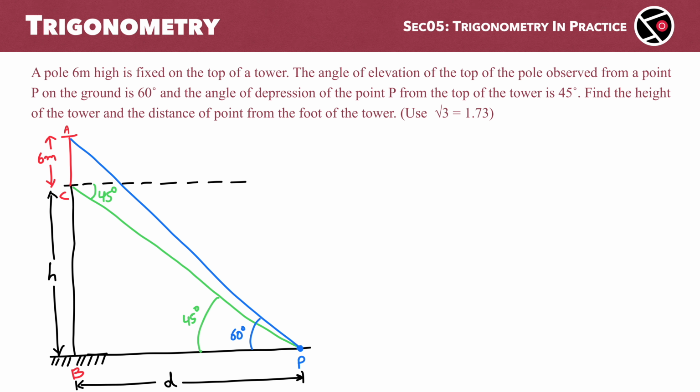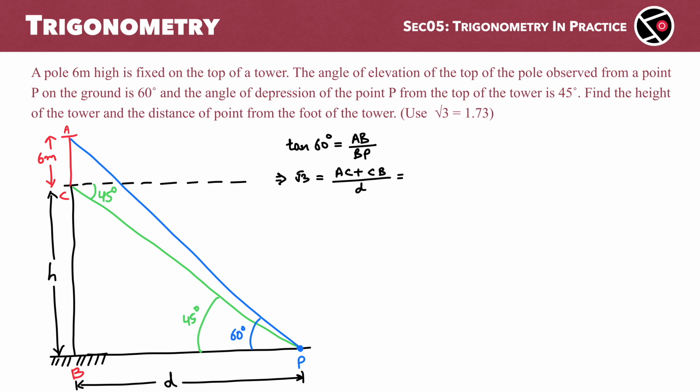For triangle ABP, which is a right angle triangle, tan of 60 degrees is opposite side AB divided by adjacent side BP. Tan of 60 degrees is square root of 3. AB is AC plus CB and BP is d. AC is given as 6 meters and CB is h.